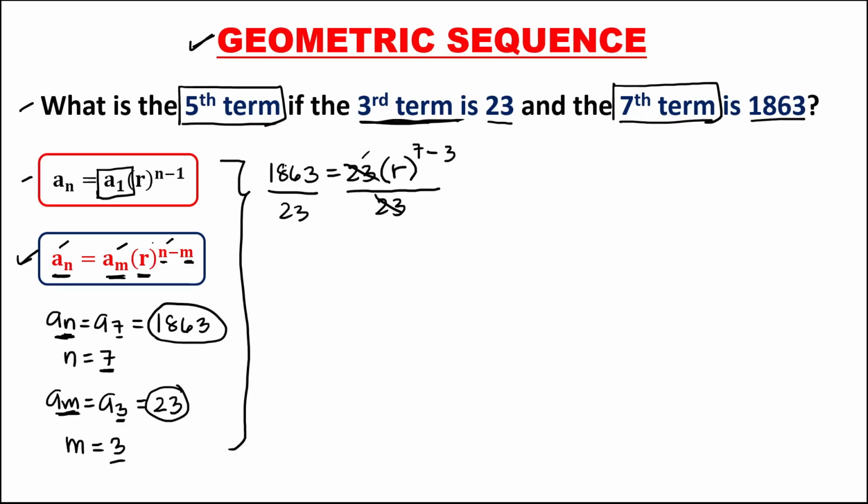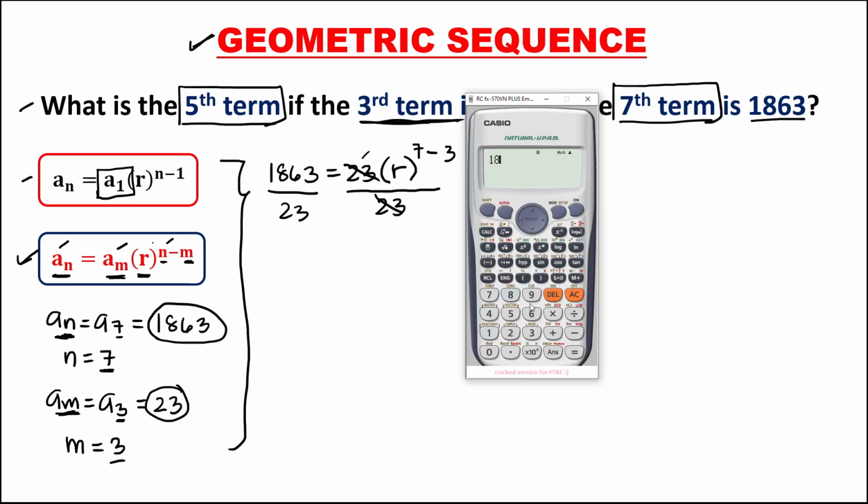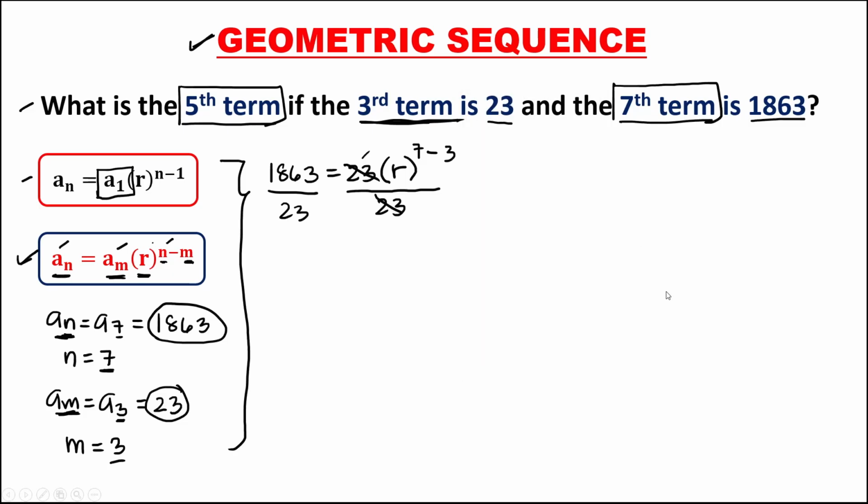And this 1863 divided by 23, that's equal to 81. So this is 81, then equals r to the power 7 minus 3, so to the power 4.